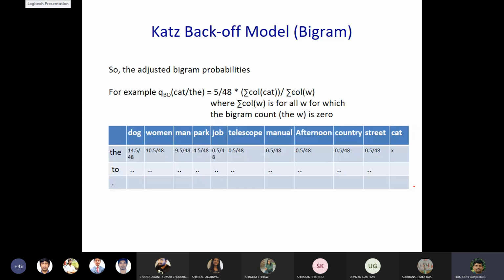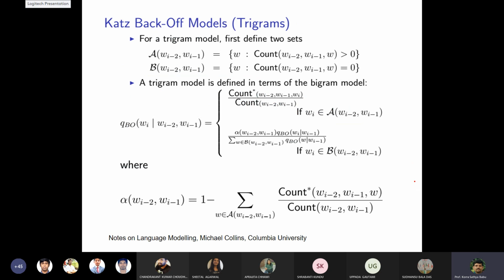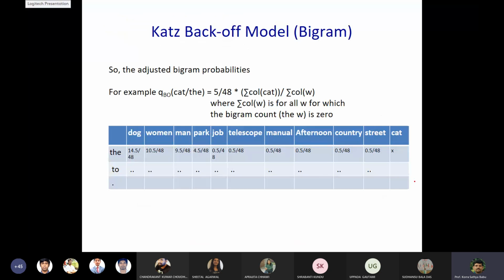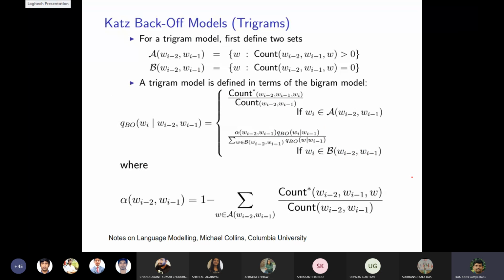Now using Katz's backoff model you can also estimate for a trigram model. First define two sets, wi minus 2, wi minus 1, like this.